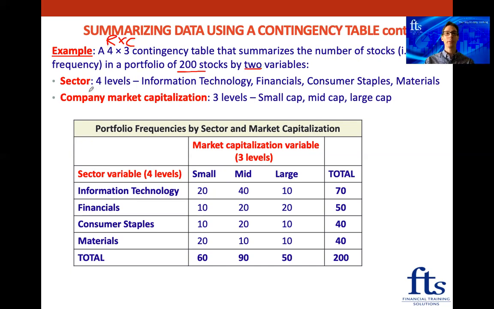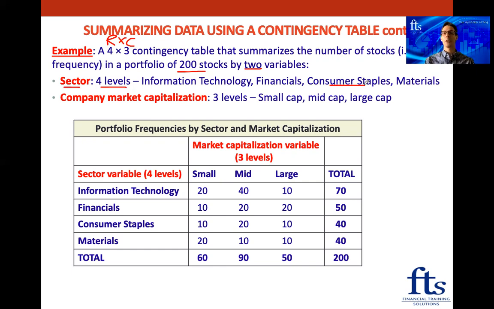Our first variable is going to be the sector. This portfolio is invested into 4 sectors on the stock exchange. So the portfolio is in IT stocks, financials, consumer staples. Consumer staples are things like food and those basic things.